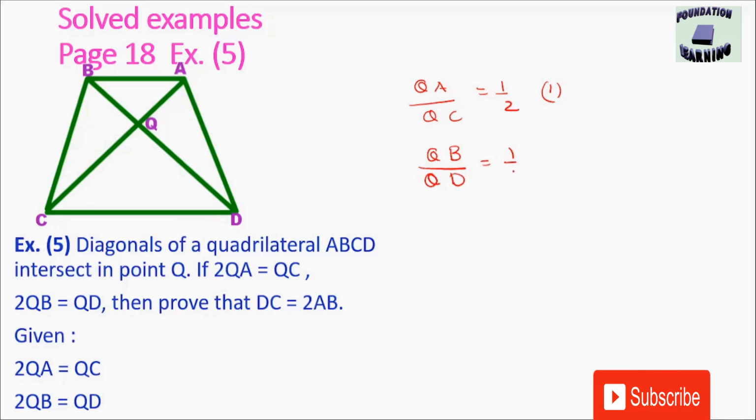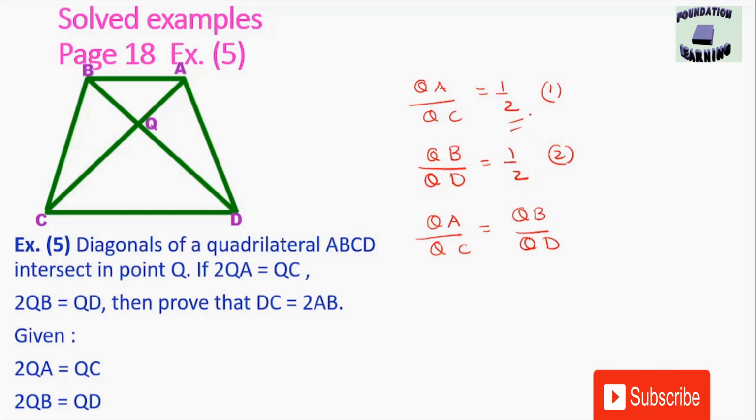You can see that the right hand side of both is half, therefore the left hand sides will be equal. That is, the ratio of QA upon QC is equal to the ratio of QB upon QD, because the right hand side value is half for both.